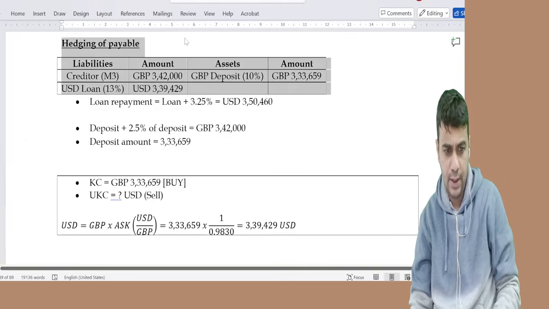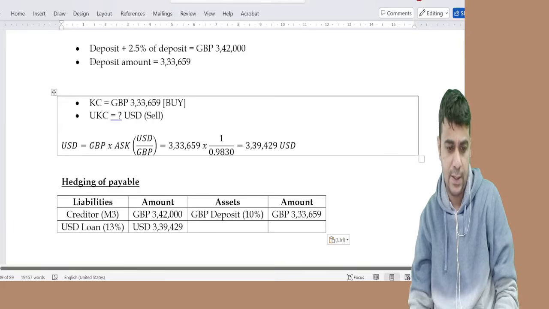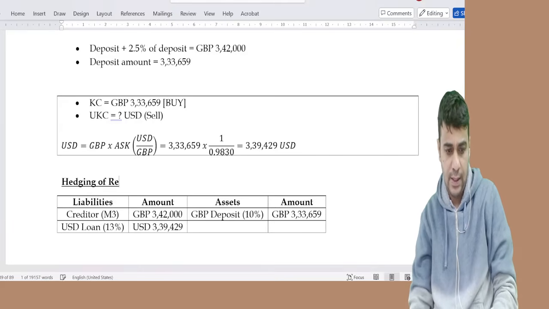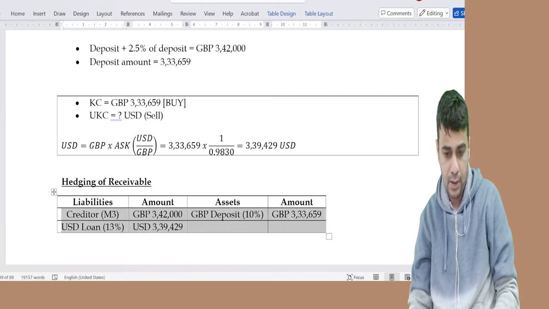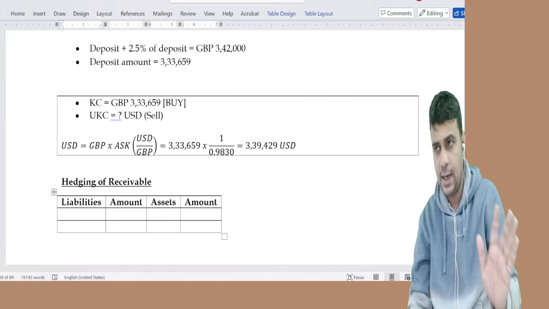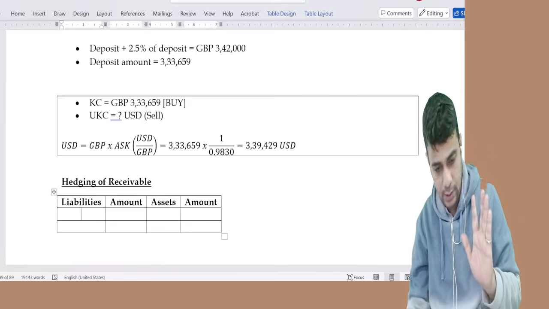You can keep doing it or keep listening to my explanation, whichever way you want. Hedging of receivable. I don't need any participation from your side. I'll keep writing it. If you have a doubt, let me know.